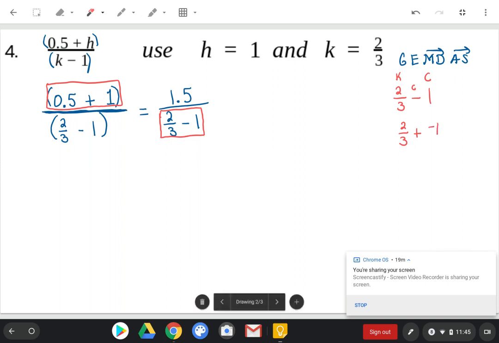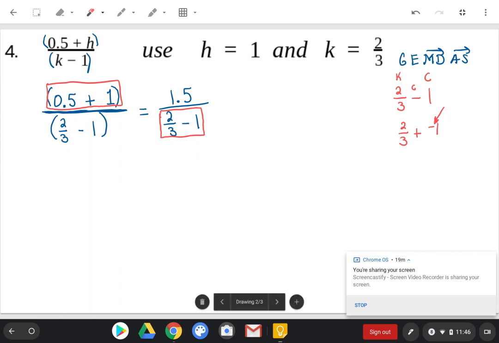So now I have 2/3 plus negative 1. If I look at my integer addition rules for adding a negative and a positive, they tell me to subtract the absolute values and keep the sign of the number with the greater absolute value. So the sign of the number with the greater absolute value is negative. Negative 1 is a farther distance away from 0 than 2/3. So my answer is going to be negative.